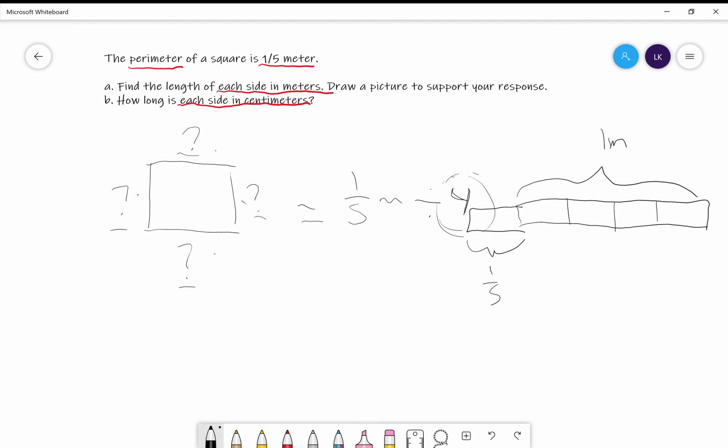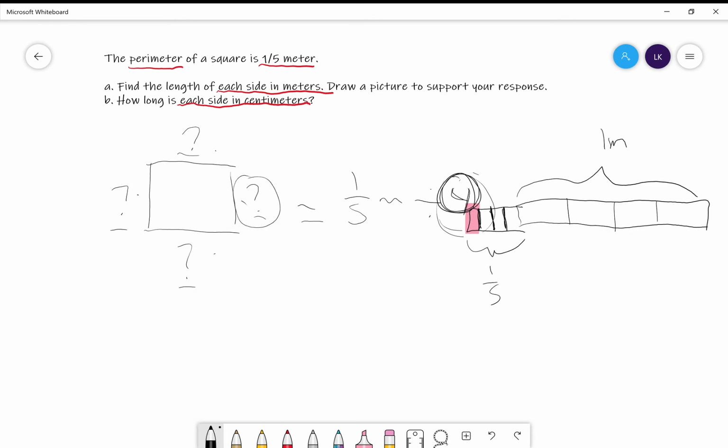Now I'm going to take my 1/5 of a meter and divide that into 4 parts. Remember, 4 sides, 4 parts. Split there nicely, split there nicely, split there nicely. So we are only dealing with 1 of those 4 parts to figure out 1 side of our square.